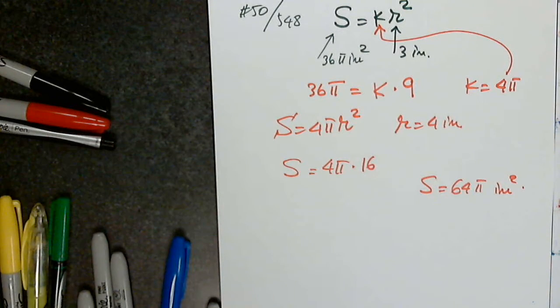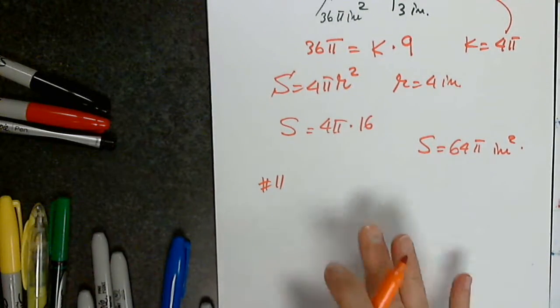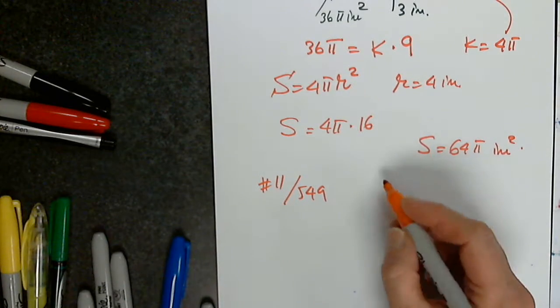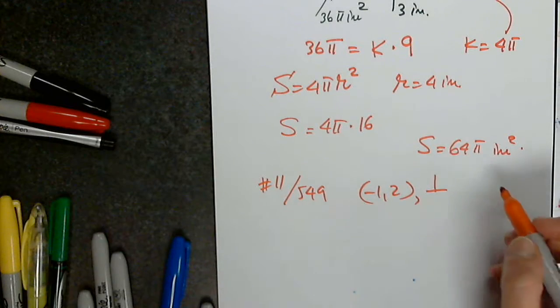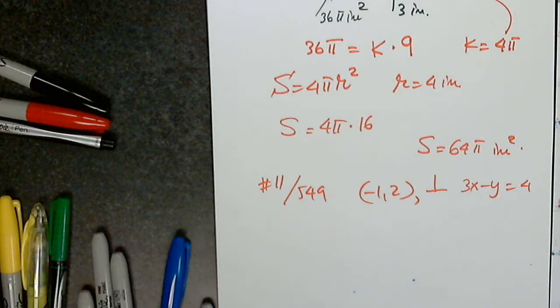I found one. Problem 11 on page 549. Here's a line that passes through negative 1 comma 2 and is perpendicular to the line 3x minus y equals 4. Find the equation of this line.